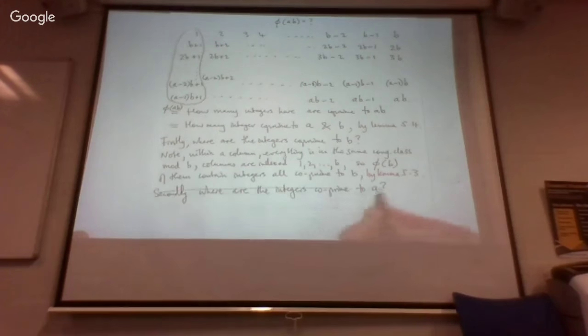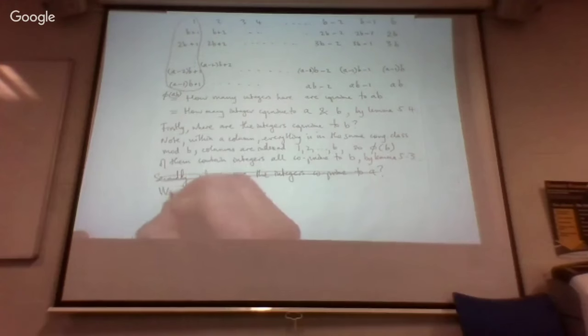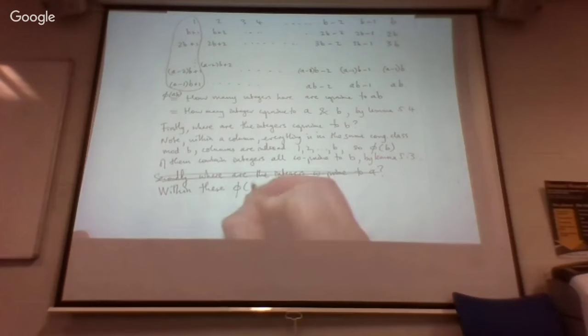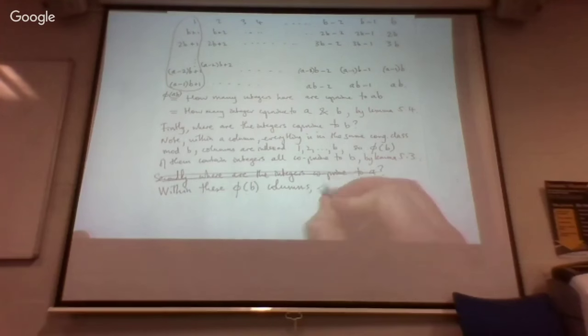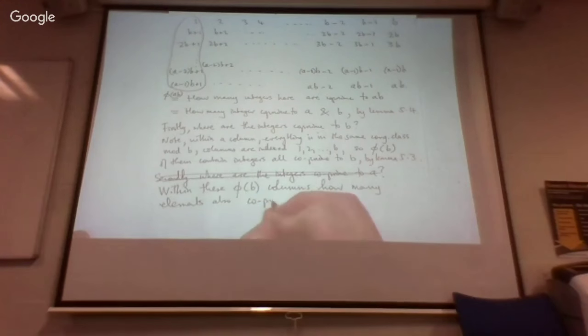Sorry, rephrase that question. Within these φ(b) columns that we just highlighted, how many elements are also co-prime to b? Sorry, co-prime to a.